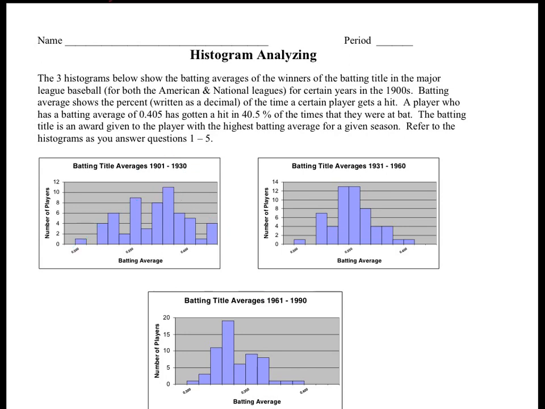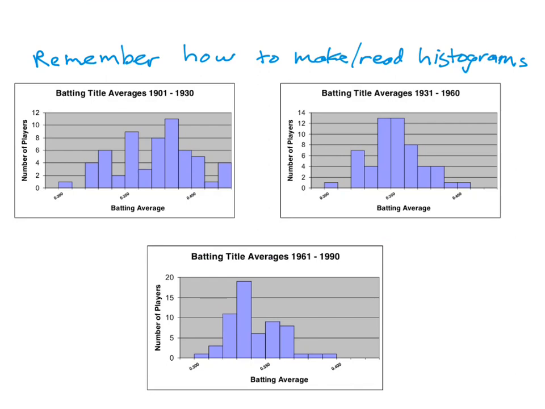A few things to remember about histograms is the height of these bars here are how many people were in each of those categories, like each of those bins. And so if we're looking here, let's kind of zoom in a little bit here. So each of these tick marks here does represent 0.01 of an increase in batting average.